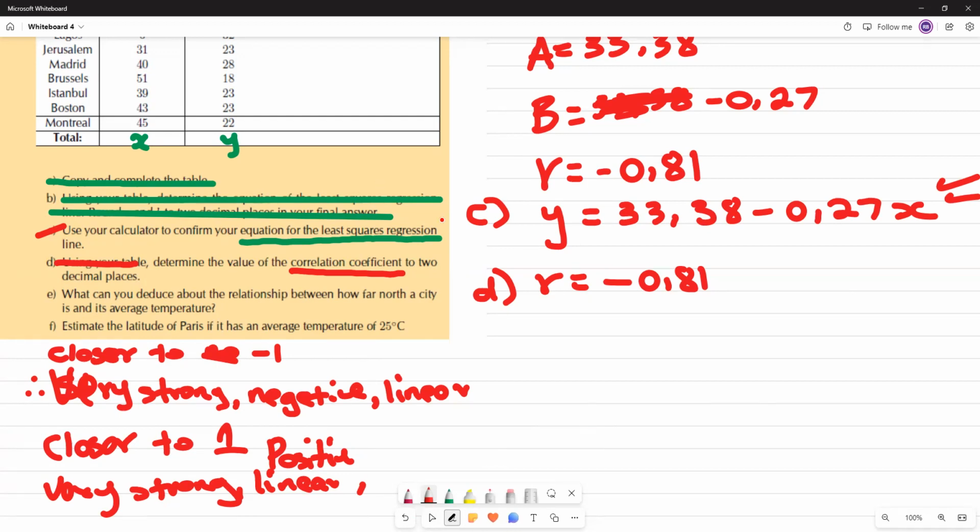Okay, perfect. E. What can you deduce about the relationship between how far, you see, which is distance, north a city is and the average temperature?